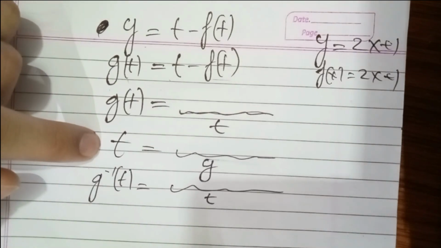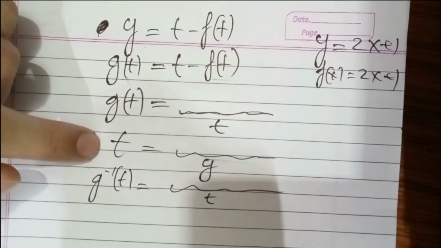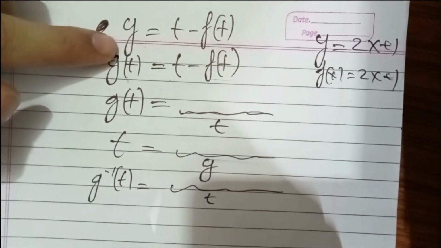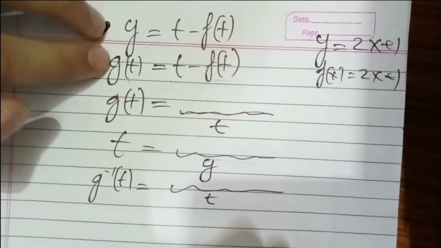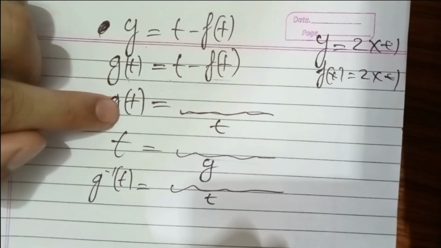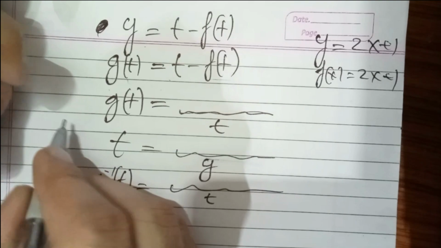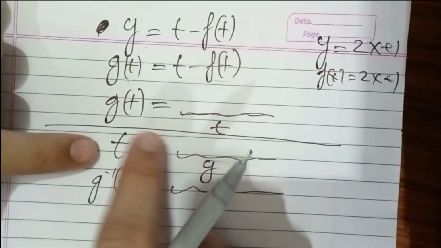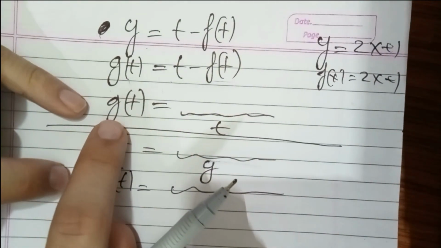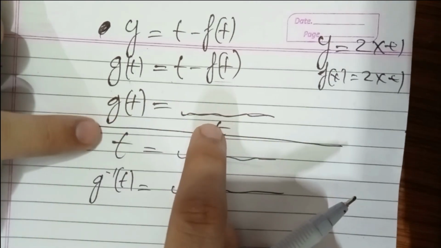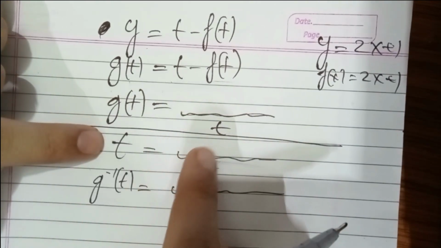Okay, I hope you are following. What I've done here is y is the same as g of t. And now what I've done from here on is, since g is monotone, I can take the inverse.